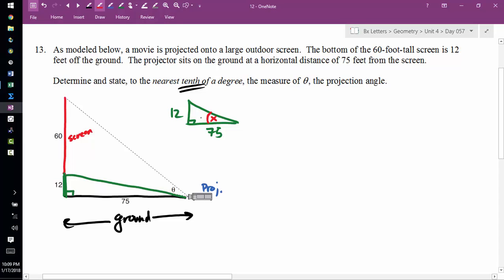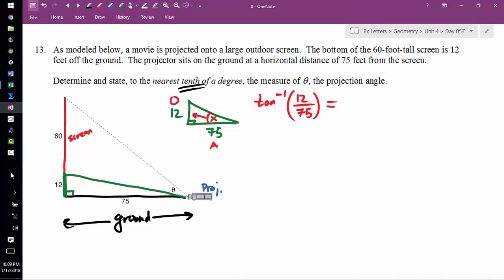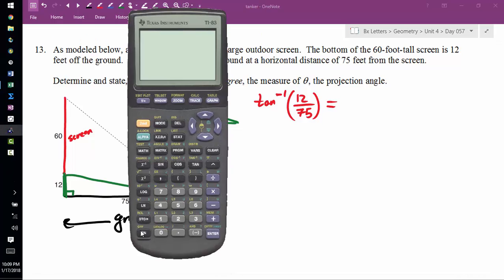I'm looking for this angle. So I know this is the opposite, this is the adjacent, that's a tangent inverse because I'm looking for the angle, and it's going to be the opposite 12 over the adjacent 75. So if I type that in, that will tell me the measure of that angle. That would be the inverse tangent of 12 divided by 75.